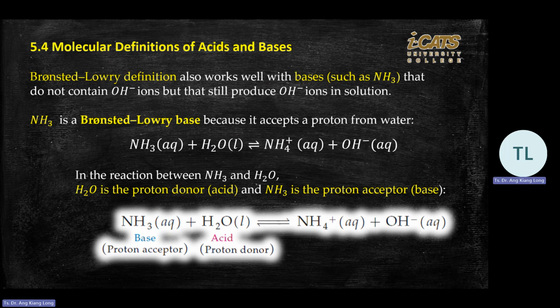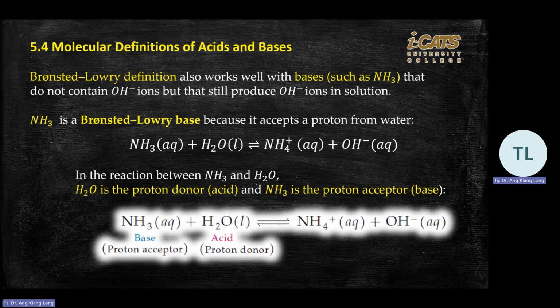Because NH3 receives H plus, well, a base that does not contain OH, but okay. So base means it receives H plus from water. Water donates. NH3 becomes NH4 plus. NH4 plus means it receives H from somewhere.